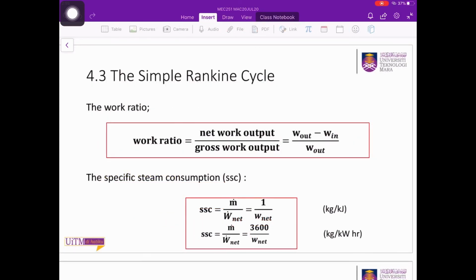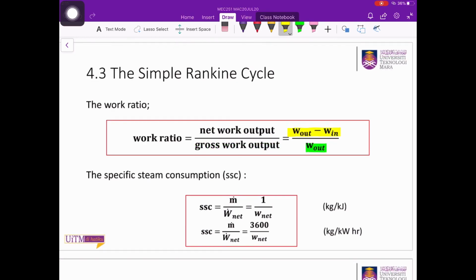From the Rankine cycle, we can determine the work ratio, which is given by the ratio of the net work output divided by the gross work output. We can also determine the specific steam consumption, or in short, SSC.